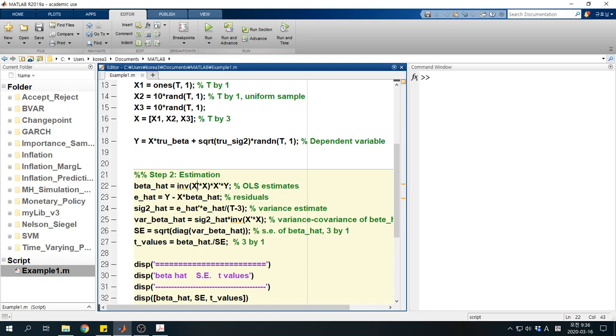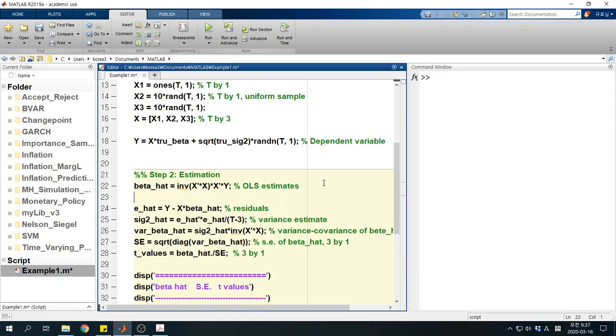X prime means transpose, right? So here is the formula: beta hat equals the inverse of X prime X times X prime y, right?